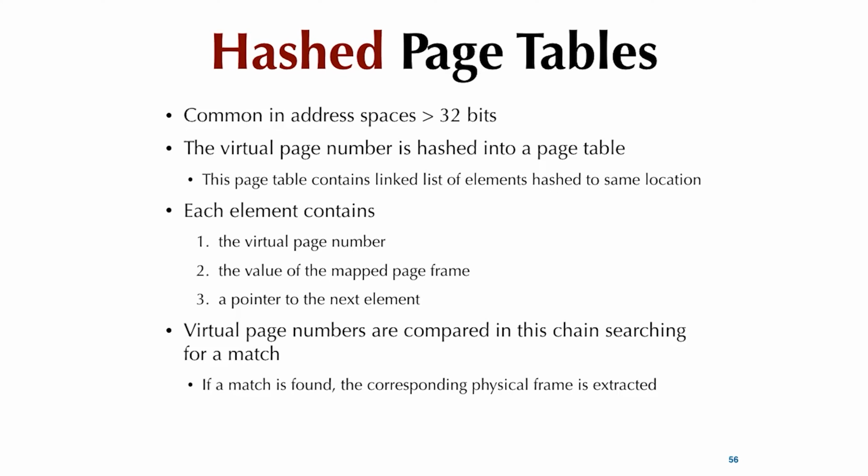Okay, so these entries would contain a virtual page number, that's your key, and the value of the mapped page frame, that's your value in the key value pair, and as a linked list, you need a pointer to the next entry. So if you understand hash tables, that's exactly the way this works, right? You're just using the virtual page number as your key and the frame number as your value.